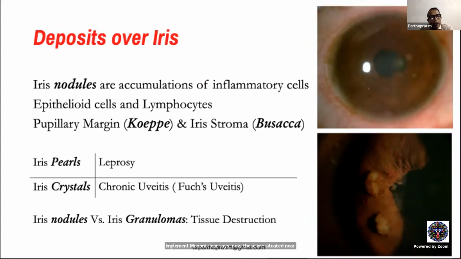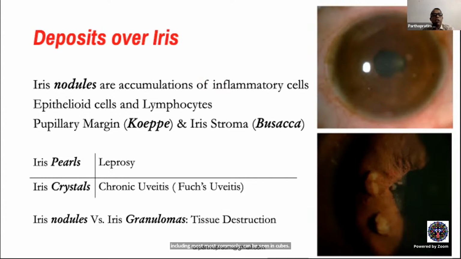Another deposit that can be seen, which is far more common, is iris crystals. These crystals are often called Russell bodies. They consist of immunoglobulin deposits and can be seen in chronic uveitis, most commonly in Fuchs uveitis also.